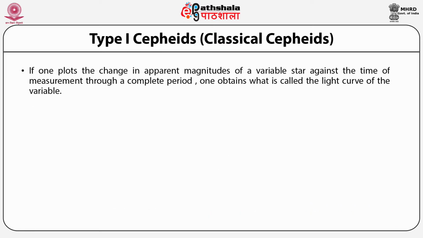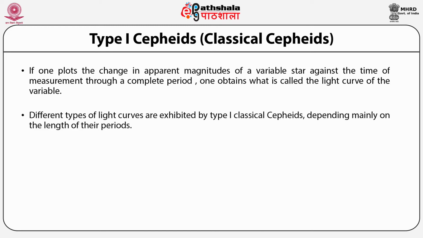If one plots the change in the apparent magnitude of a variable star against the time of measurement through a complete period, one obtains the curve that is called the light curve of the variable. In one complete period, this light curve changes through one complete cycle, that is, from crest to crest or from trough to trough.